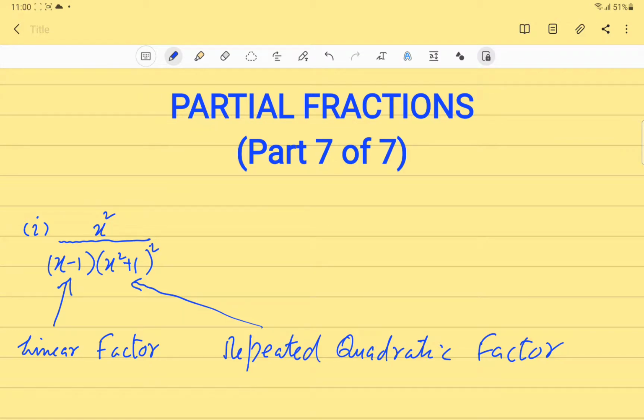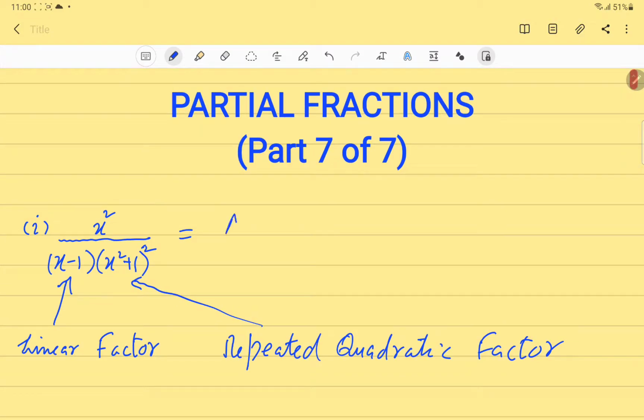Because the power of x is 2, and it is always 2 in quadratic expressions, and since the whole of it is raised to power 2, it means we have to repeat it 2 times. Like we have to write 2 factors here, 2 partial fractions. So let's go ahead and do this.